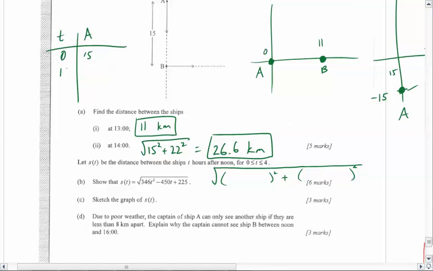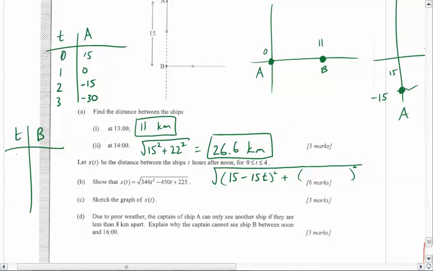When t is 1 o'clock, A is at 0. When t is 2 o'clock, A is at negative 15. 3 o'clock is negative 30. So can I find some expression relating t and A? 15 minus 15t. That works.